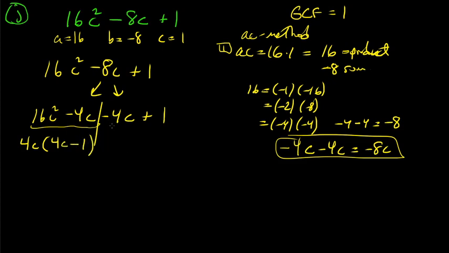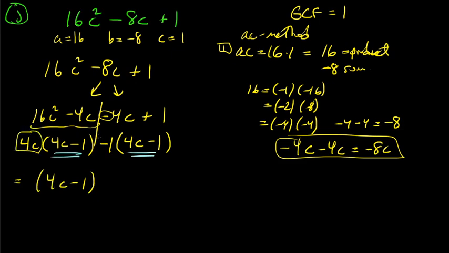And then from the last two terms, we really can't factor out anything except the negative sign. So negative 1 times 4c minus 1. So the 4c minus 1 is our common factor. And what does it multiply? Well, it multiplies 4c minus 1, which I know is a little confusing, but it's the same thing, right?